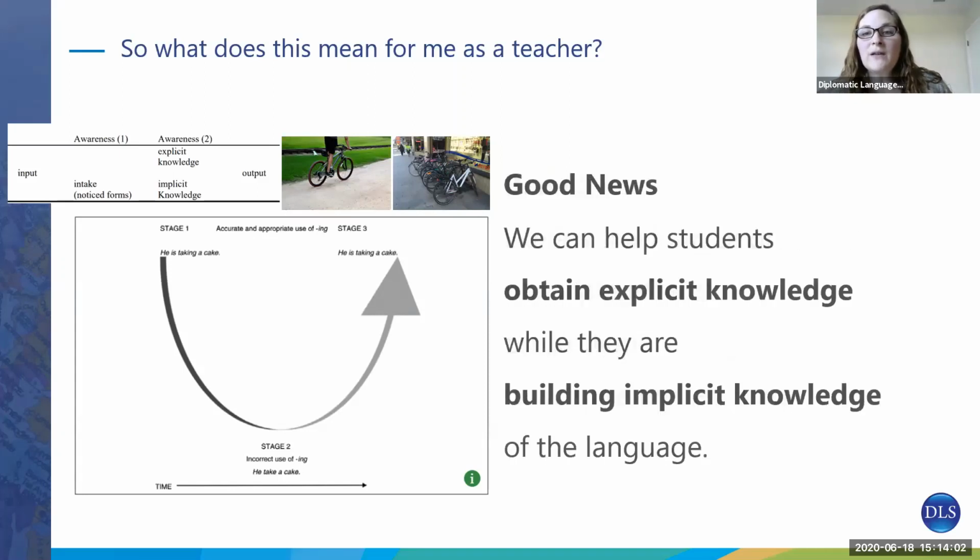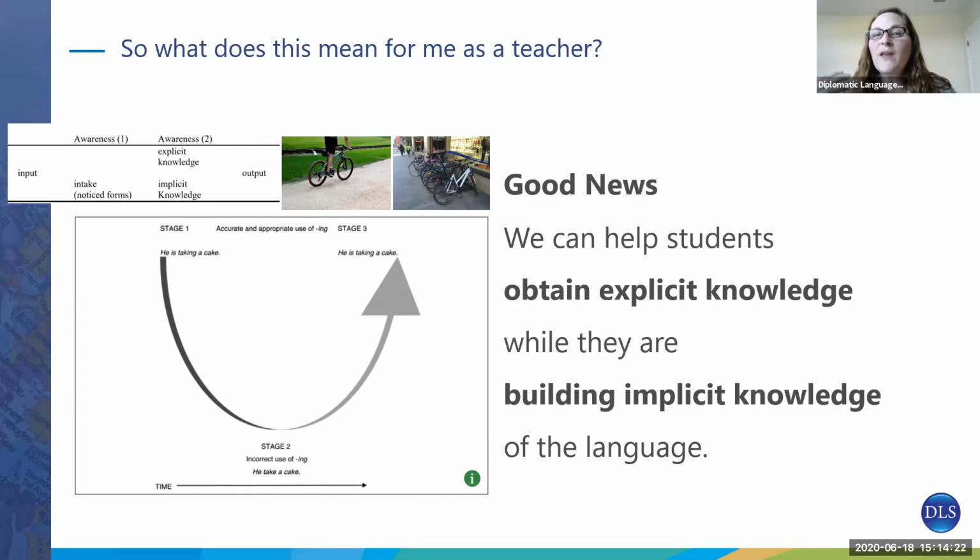But the good news is, by understanding what's happening in their brain and using the right approach, we can help students to obtain explicit knowledge about the language, so our explanations will help them while they're building the implicit knowledge of the language.